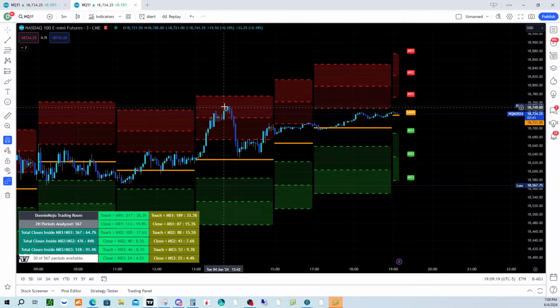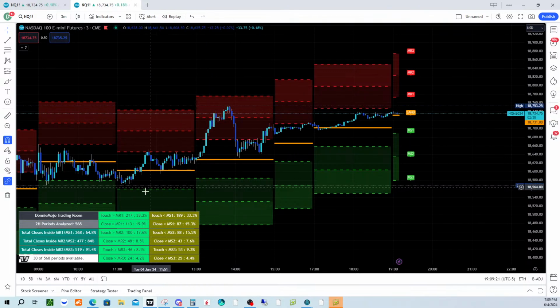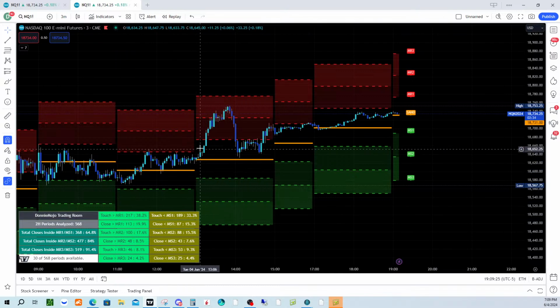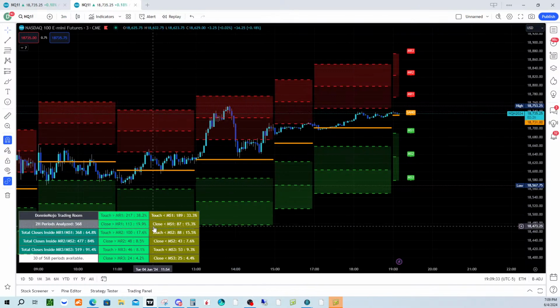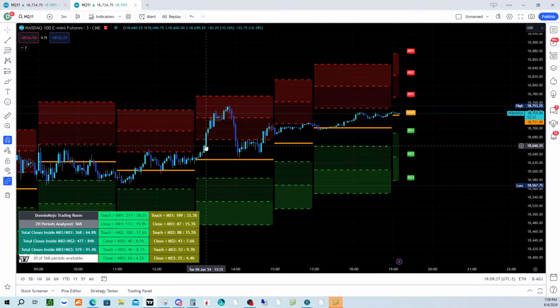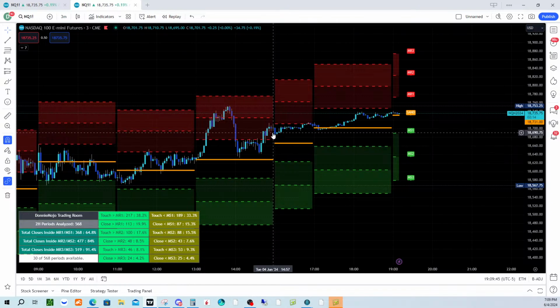So 38% of the time it went greater than the MR1, and then only 19%, so basically half. Half of the time it blew through there, and by the end of that 2-hour period, only half of the time did it close above there.